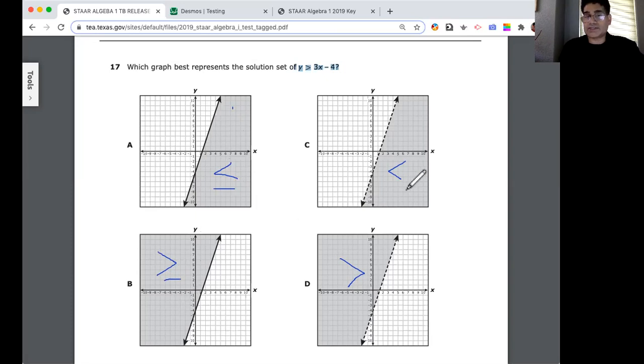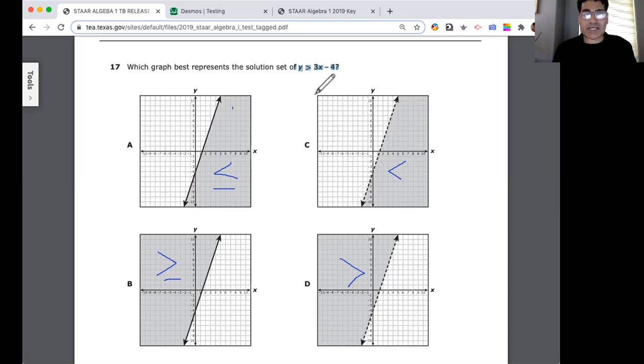Let's go back to these. So below the line, the shading is less than, and if it's a broken line, it's just less than. Shading above the line is greater than. If it's a broken line, it's just greater than. Okay, see if you can remember that.